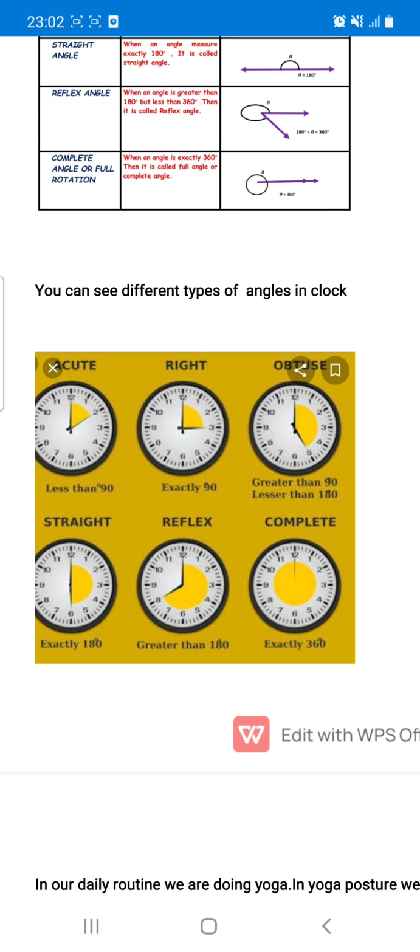And this is 12 o'clock, meaning the entire complete circle, exactly 360 degrees, which makes the complete angle. So in the clock, different hours show you different angles.